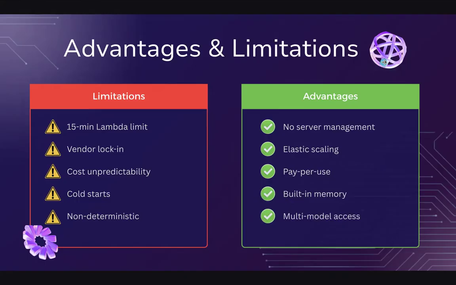On the limitation side, the most important is the 15-minute Lambda execution limit. If your agent loop needs to run for a long time, say a complex research task that takes 30 minutes, you need to move to ECS instead of Lambda. Vendor lock-in is also real once you build deeply on AWS services. Migrating later is difficult. LLM inference cost can be unpredictable.